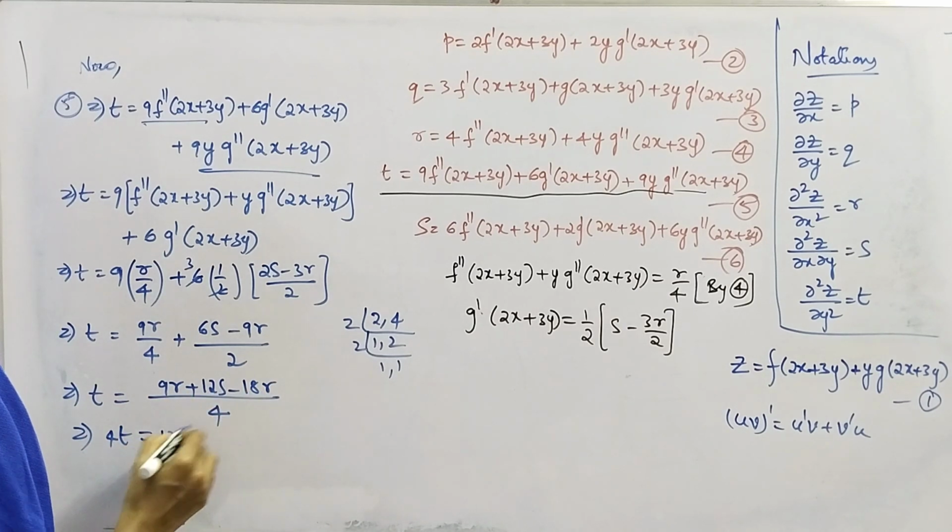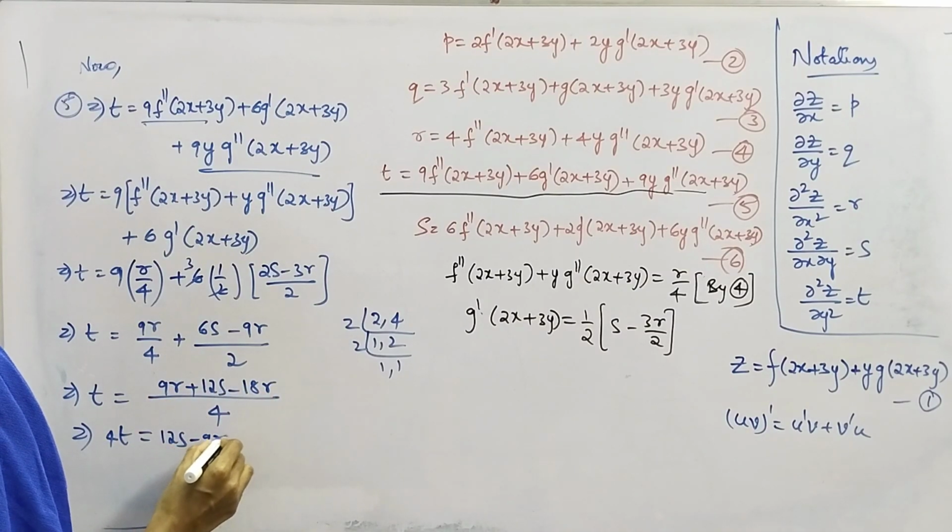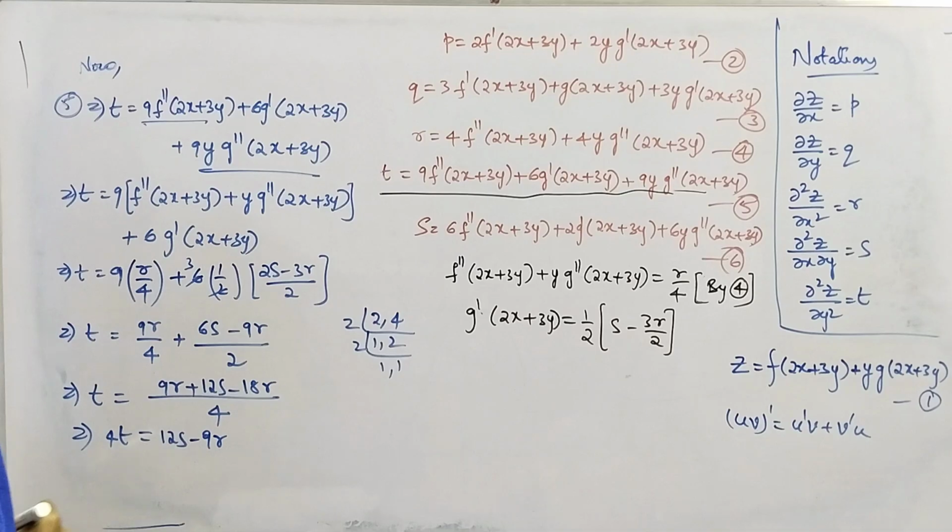12s minus 18r plus 9r gives minus 9r, right? Which gives the required equation.